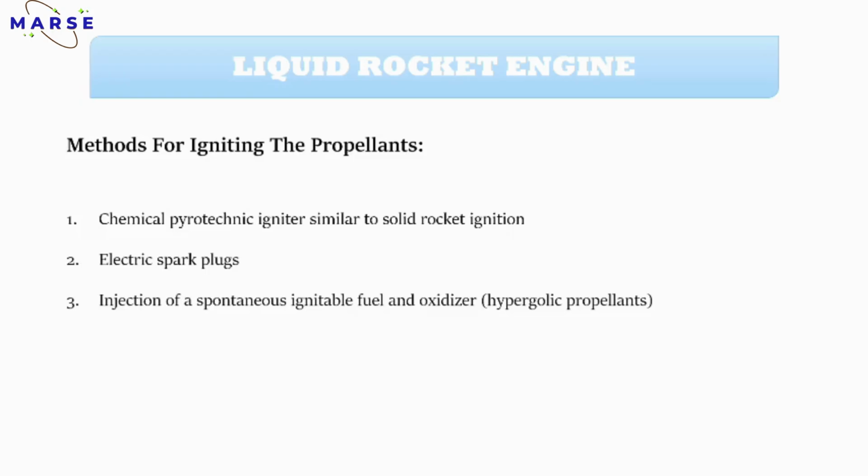And the third method is injection of spontaneously ignitable fuel and oxidizer, a hypergolic propellant. If we use a hypergolic propellant, it won't need any other type of ignition system. So that is the third part.